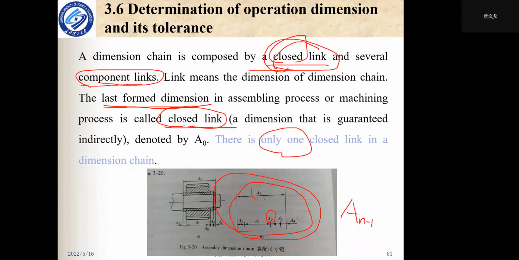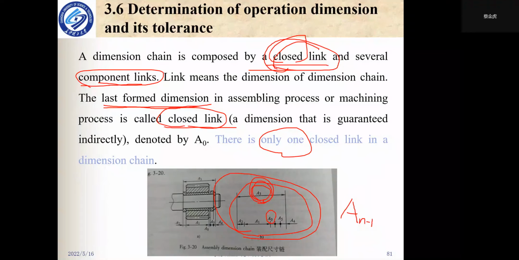The dimension A3 is a component link. If A3 increases, then A0, the closed link, will increase at the same time, which means we call A3 an increasing link. A3 is an increasing link because when A3 increases, the closed link A0 will increase.